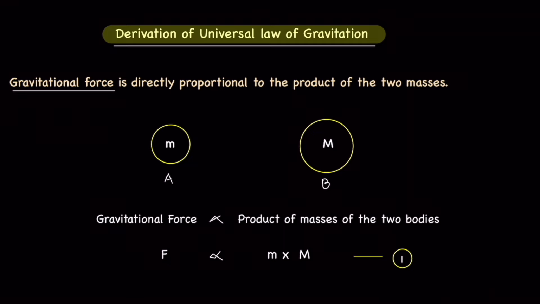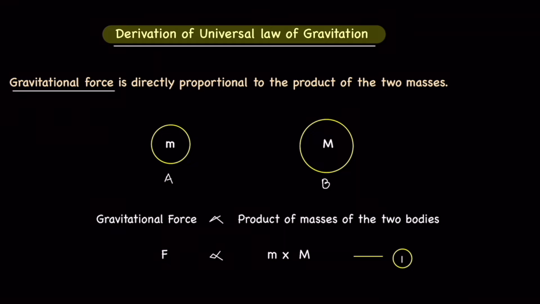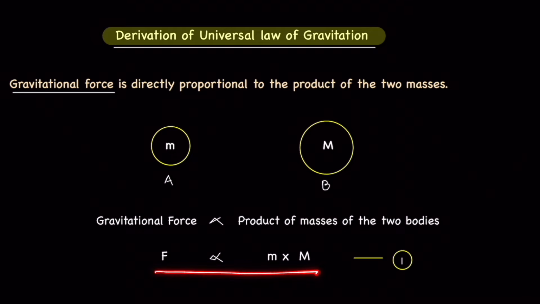Like you see, Earth and the Sun are very huge bodies with huge mass. So their force of attraction is very high. That's why the Sun and Earth, though very far from each other, still have a force of attraction acting between them. But if you take two small bodies, their force of attraction is very less. This relation we consider as relation number 1.